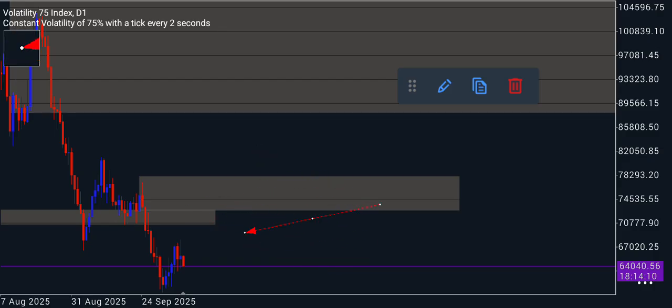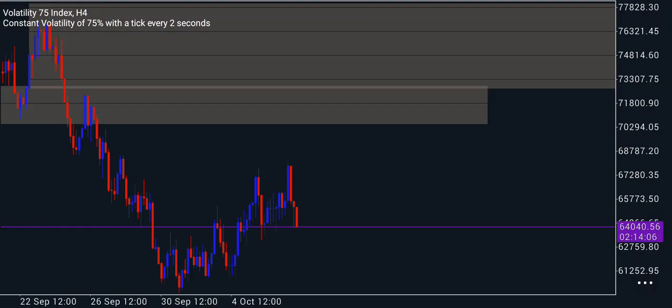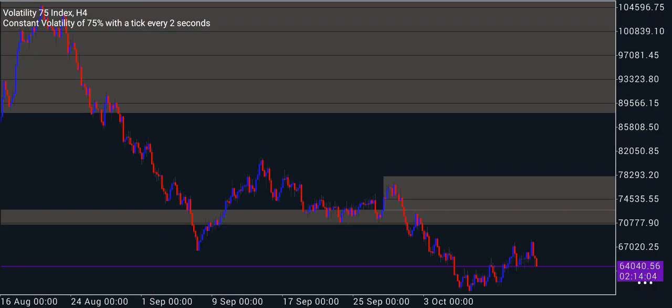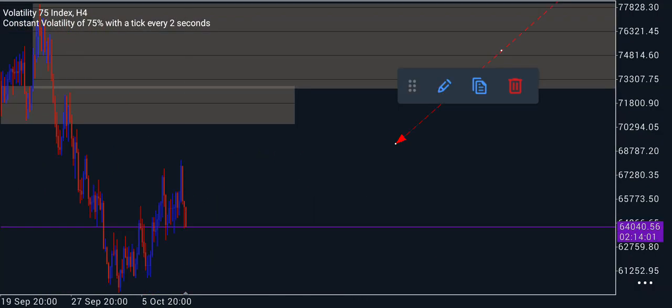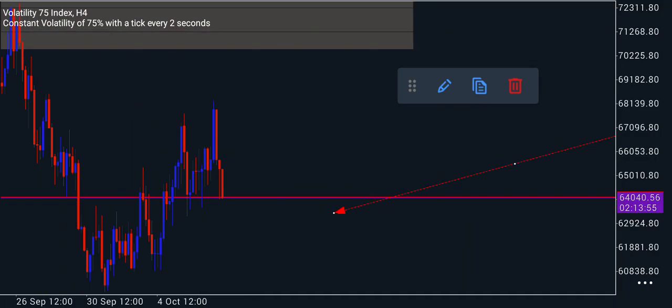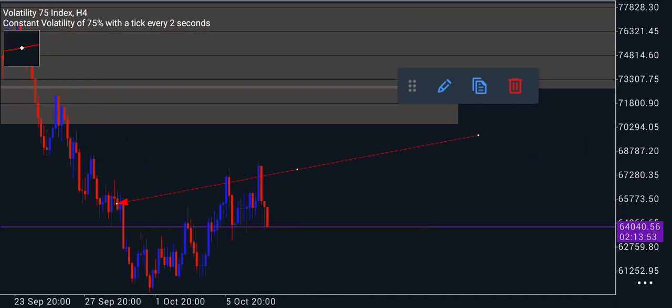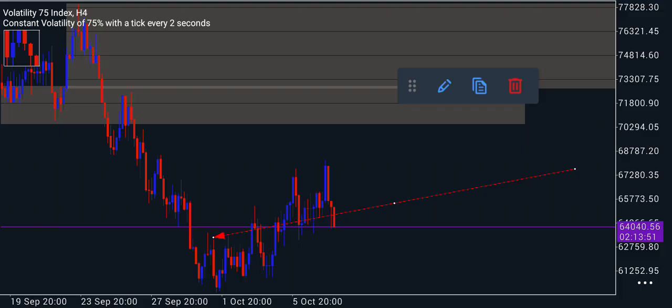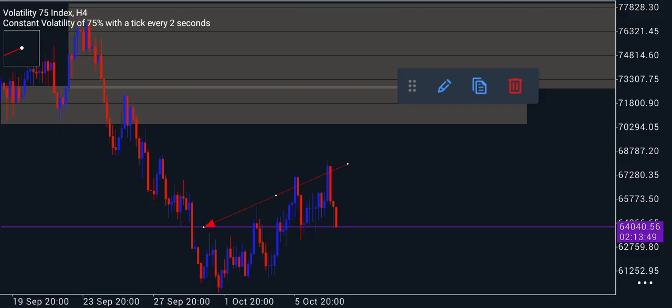Let's now go down to the 4-hour time frame. So here in the 4 hourly, let's look at how the market has been doing.